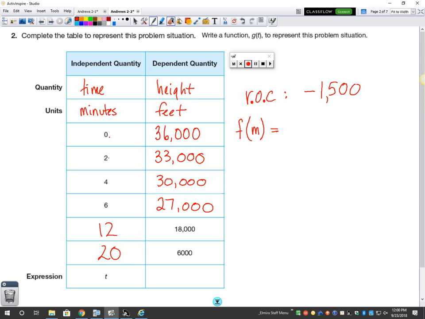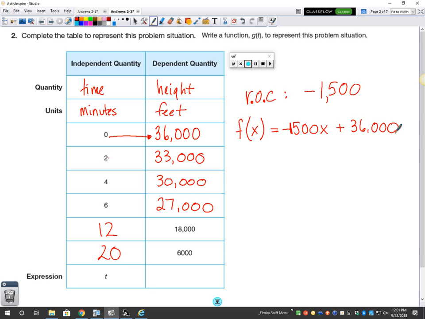Let's start generic. f of x equals mx plus b. So my m, my rate of change, is negative 1,500 x. My b is that starting value. Where did we start? We started at 36,000 feet. Okay, so now we can kind of play with the function.